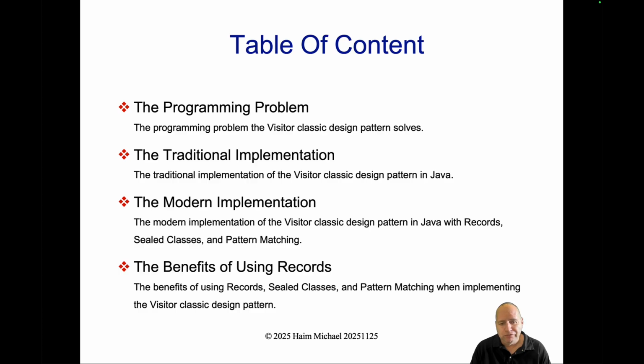Then we shall go over the traditional implementation, the way we used to implement a visitor before the emergence of pattern matching, sealed classes, and records. Then we shall go over the modern implementation that is now possible thanks to pattern matching, records, and sealed classes. And we will conclude with going over the benefits of using records, sealed classes, and pattern matching when implementing the classic visitor design pattern.